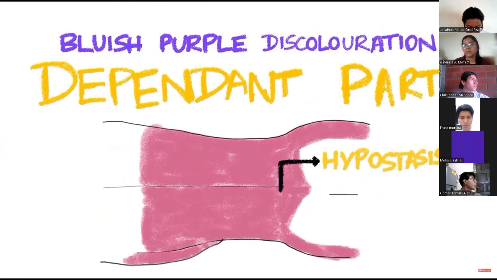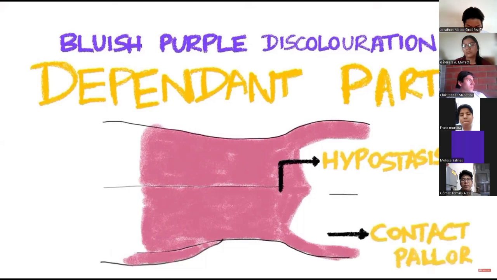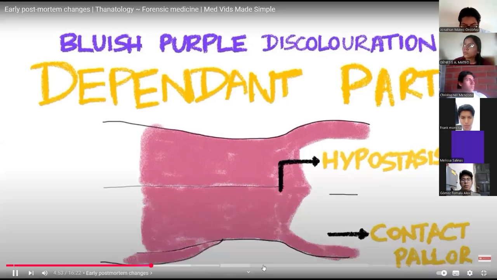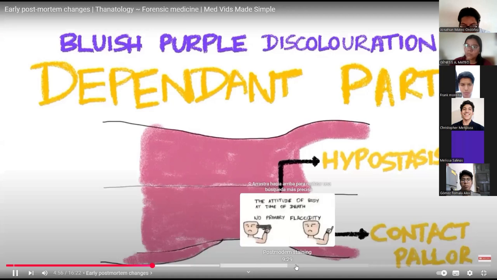But you can also see certain white areas which are not stained in this person. So this is called contact pallor because the bony prominences and elevations on the body which are getting compressed against the surface on which it is lying will not undergo postmortem staining. So this surface will appear pale, and that is called contact pallor.